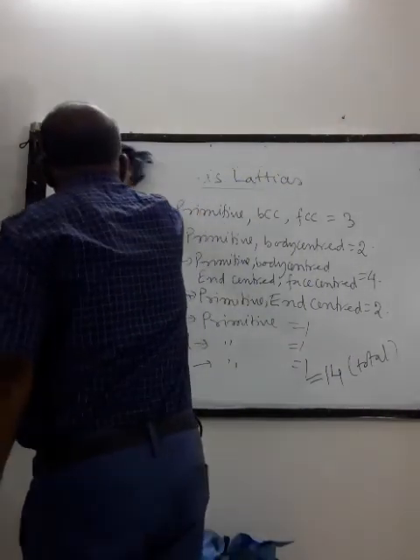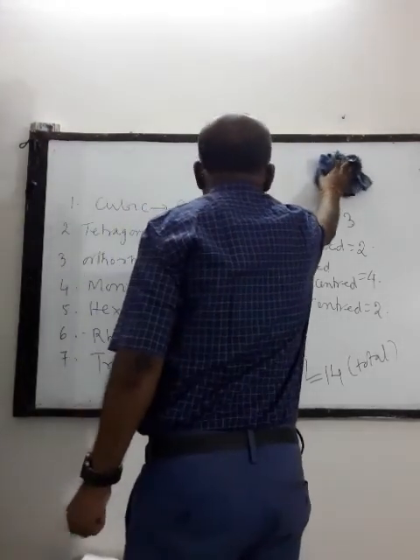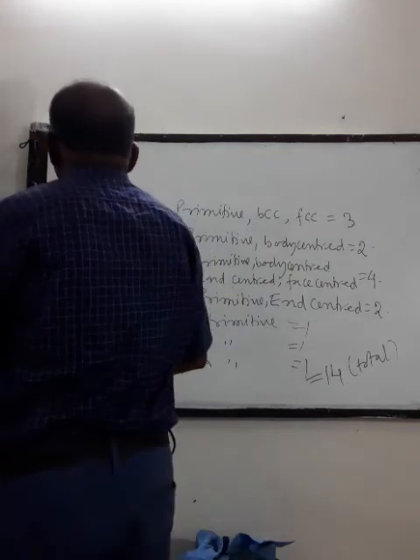So next we consider types of cubic unit cell and number of atoms per unit cell.